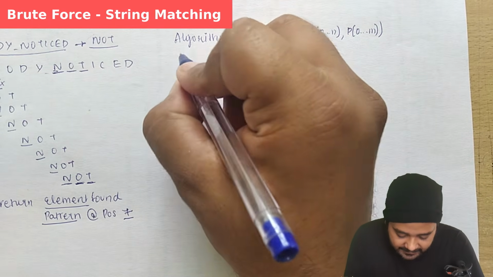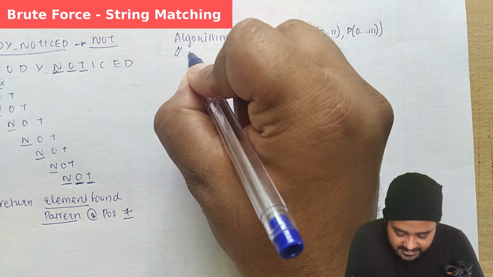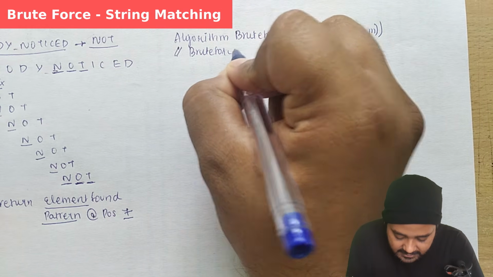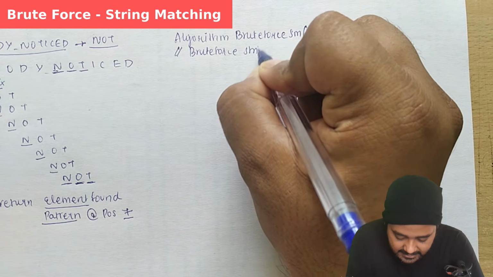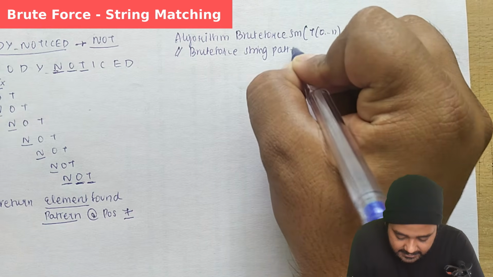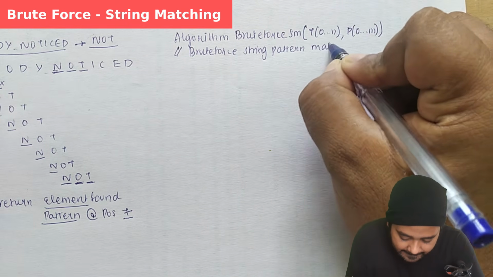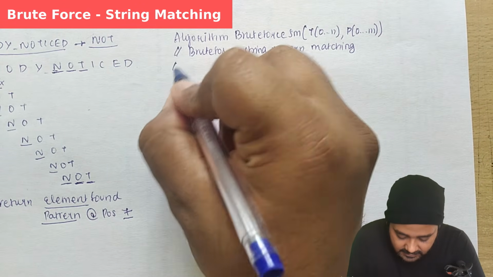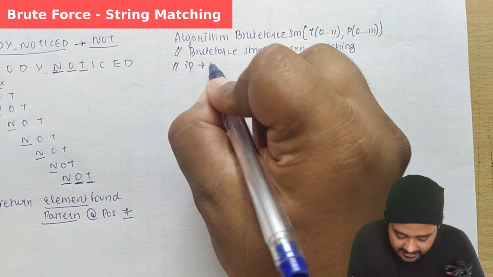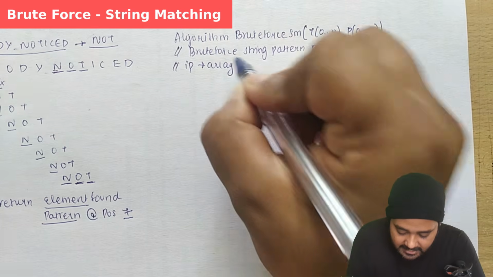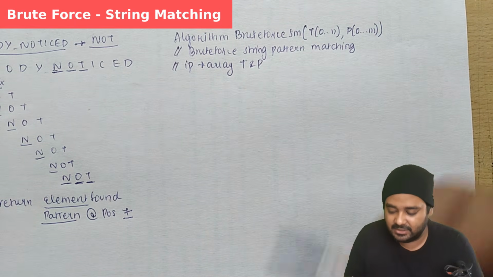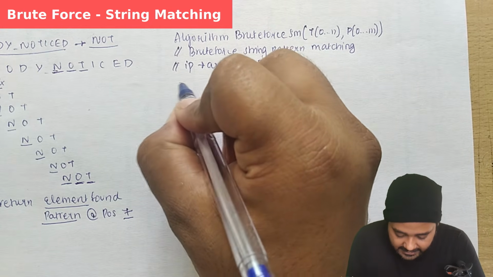Initially I have to mention the description: it is brute force string pattern matching. My inputs are two arrays, T and P, where T represents the text and P represents the pattern.